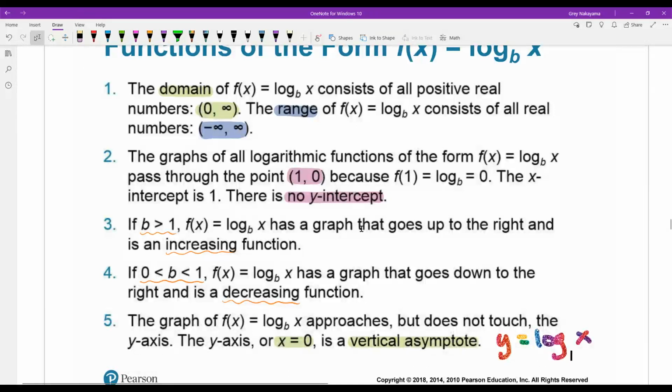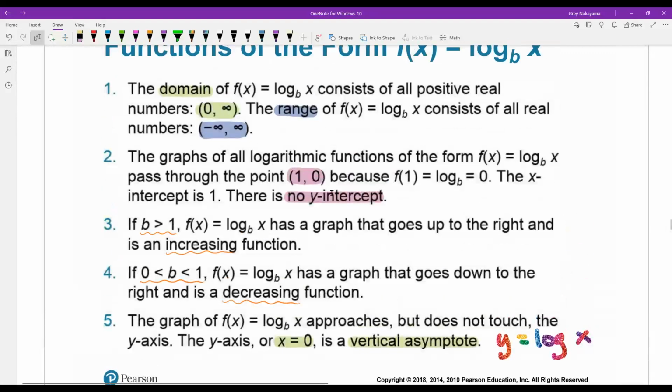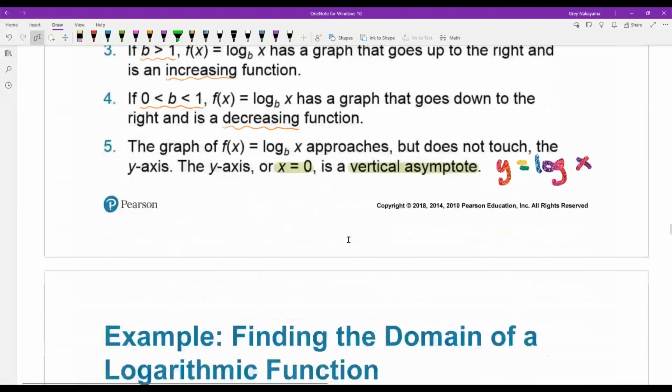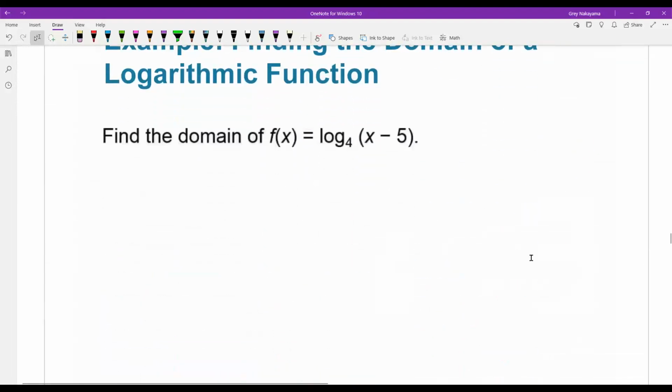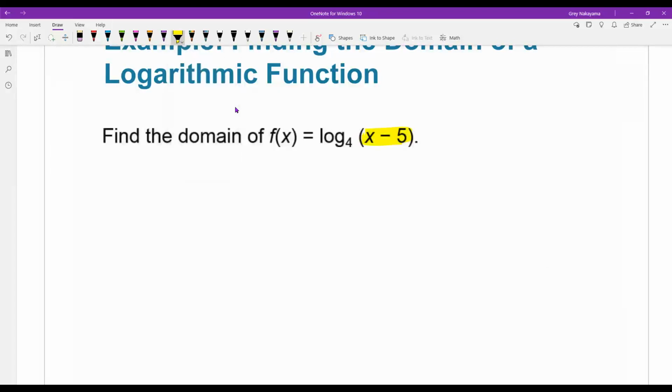Okay, so one of the other things that's important to remember, because the domain and the range got switched, my domain is all positive real numbers. I cannot take the log of a negative number, ever. So you've got to remember, and this is really, really important, that whatever this is cannot be negative.